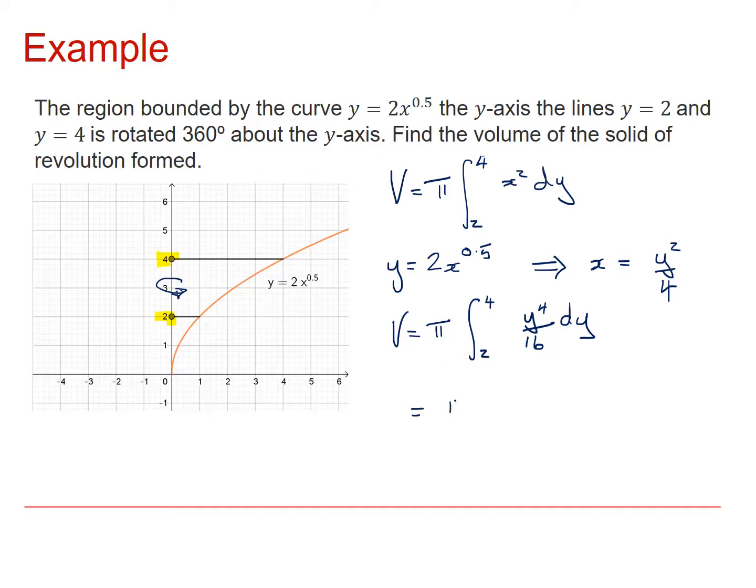Taking out the 16, I'm going to get a pi over 16 times y to the 5 over 5 between 2 and 4.